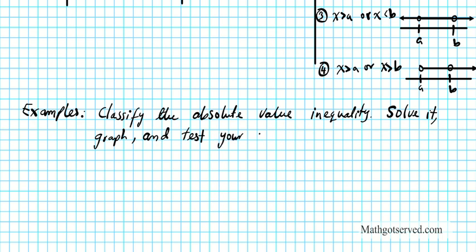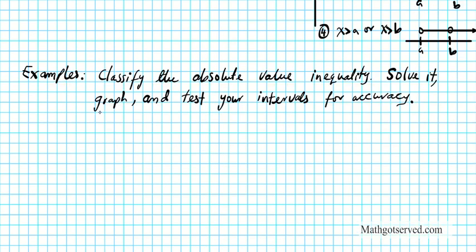Test your intervals just to make sure your answer is correct. Okay? All right. So remember, when you're solving absolute value inequalities, you don't get fixed point answers. You get intervals as your answers. Okay? So let's try the first example, number 1.